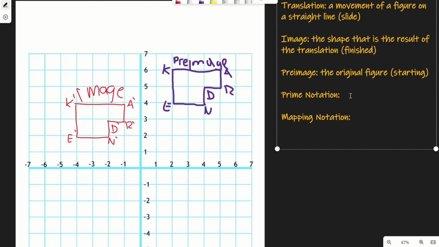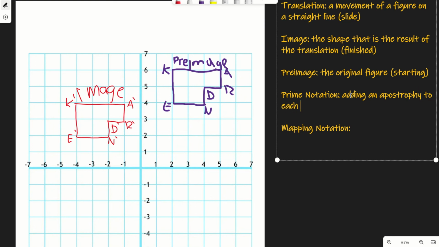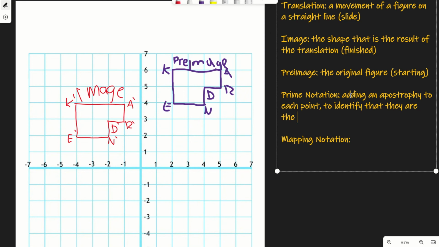A way we would say that is prime notation is adding an apostrophe to each point to identify that they are the image.